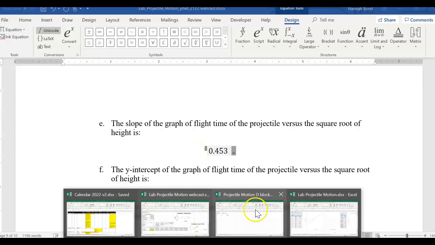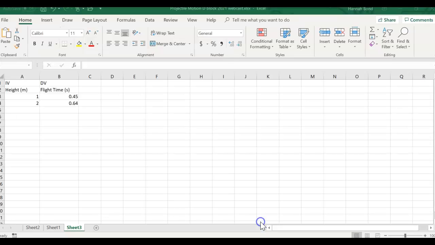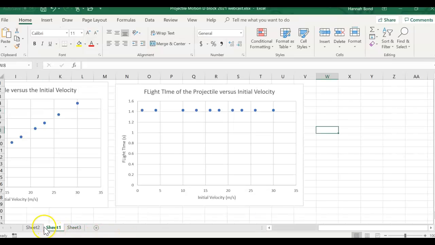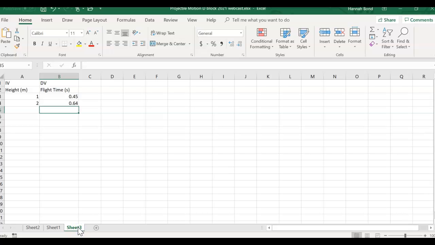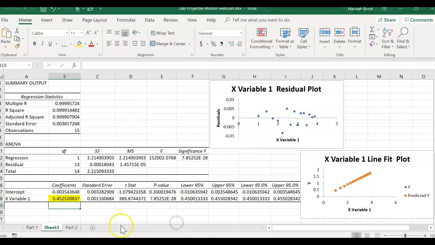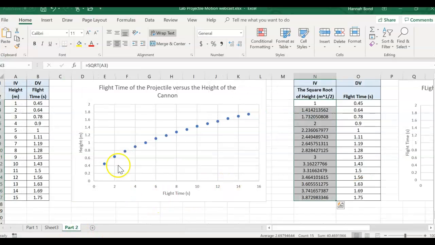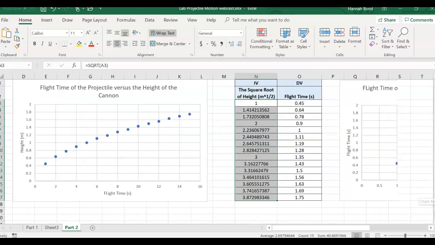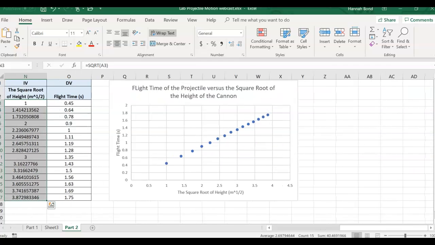I'm going to go back and look at the graph to decide about the units. So the units must be in the wrong sheet. Sorry about that. Here we go. The units would be seconds over meters to the 1/2.